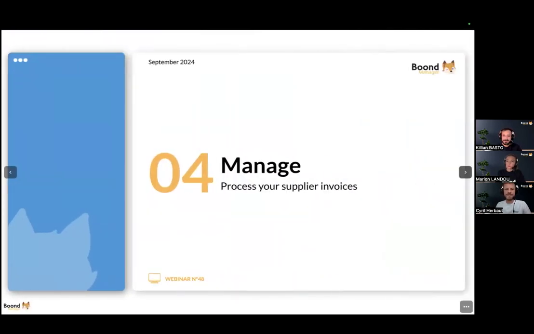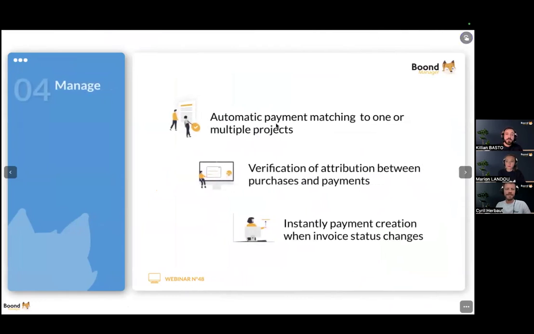Thank you, Cyril. So here we see that when you change the status, it automatically makes the payment matching one or multiple projects. As we see, Weghr has several invoices, but one project. So the invoices match the one project.